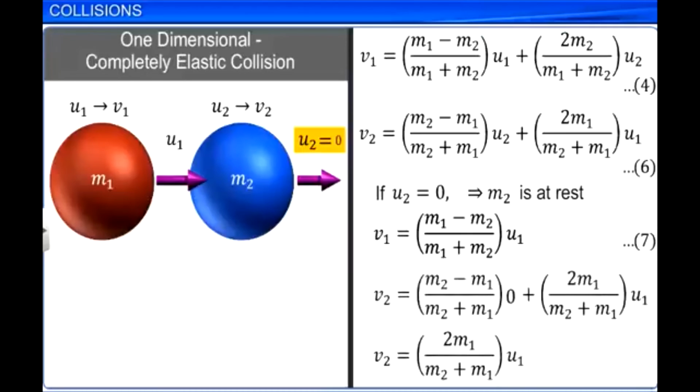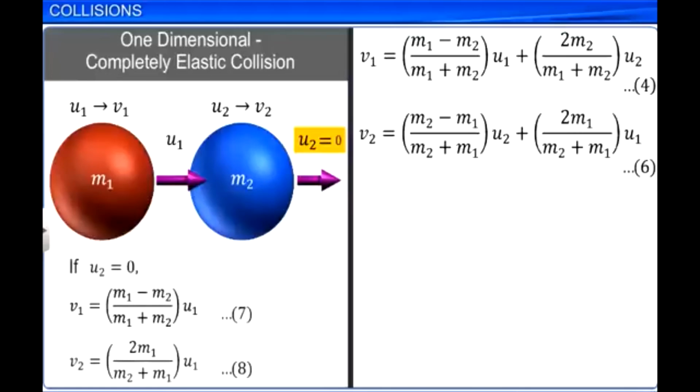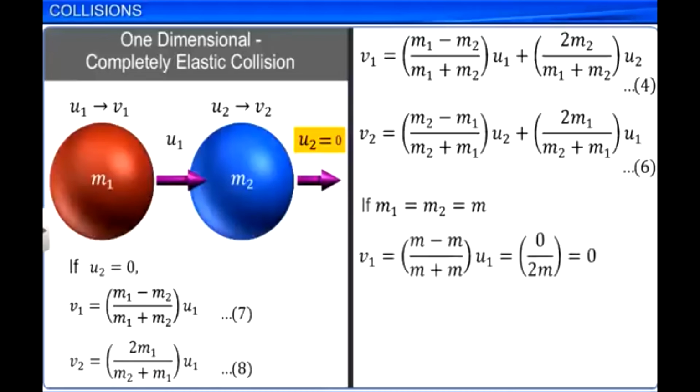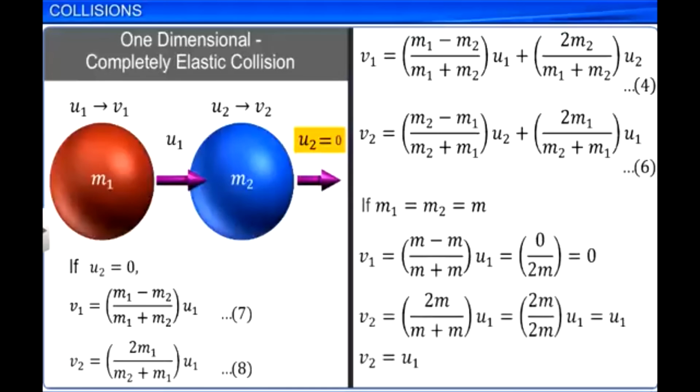Let this be equation 8. Moreover, in this case, if m1 is equal to m2, say equal to m, then we get v1 is equal to 0 and also v2 equal to u1. Thus, we see that the two bodies exchange their velocities after the collision.